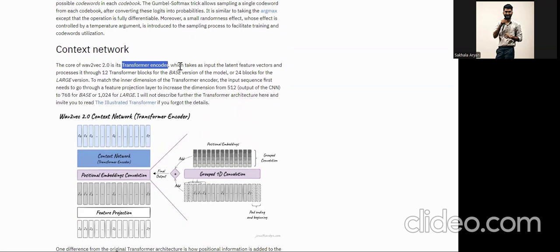Bidirectional encoder is your BERT, and here also they are using only the encoder part. They have given a few details about the architecture: 24 blocks and 512 dimensions, then 768 for base and 1024 for large.